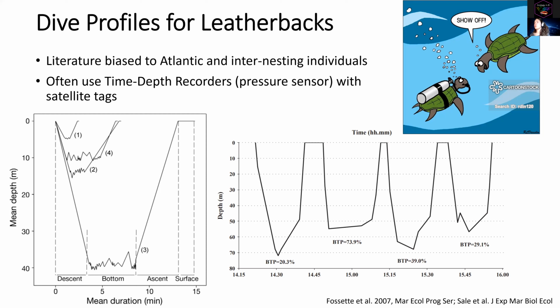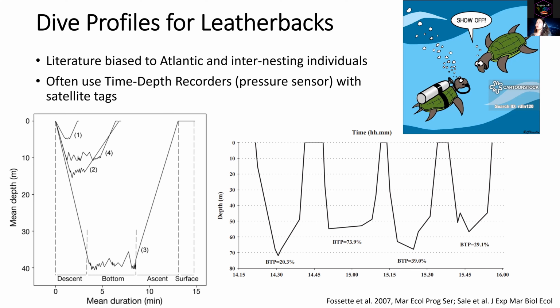And so for leatherback turtles, dive profiles have been made. Sometimes it's kind of a hand sketch method where you go through each individual time series and you essentially match the points. These points come from time depth recorders. Often for leatherback turtles and other long distance migrators, we're putting satellite tags on these individuals, and you're getting a few positions a day.